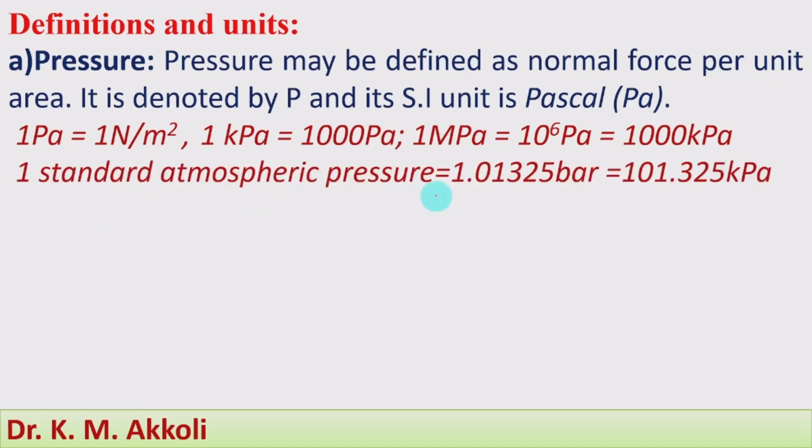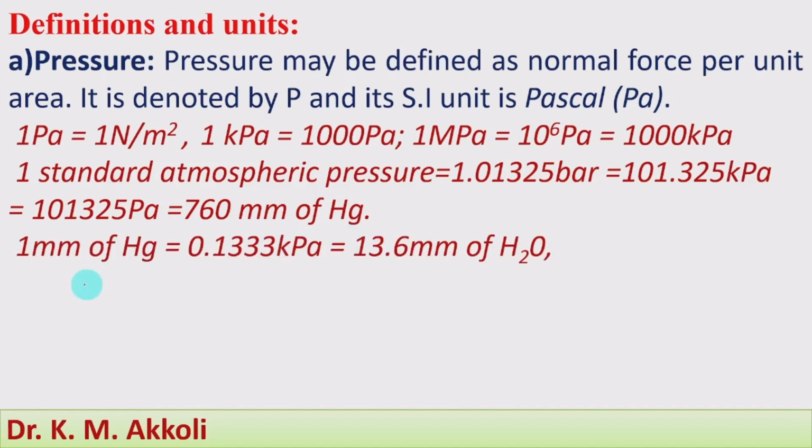One standard atmospheric pressure is 1.01325 bar or 101.325 kilopascal, that is equal to 101325 Pascal, or in terms of the mercury head, 760 mm of Hg. 1 mm of Hg is equal to 0.1333 kilopascal or 13.6 millimeter of H2O. This is in terms of H2O.